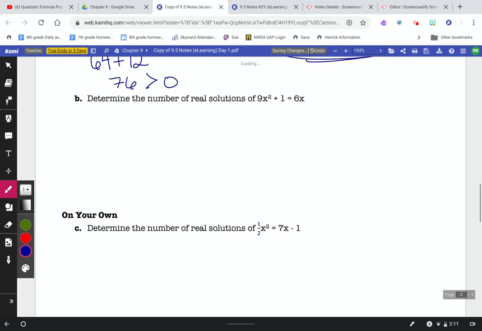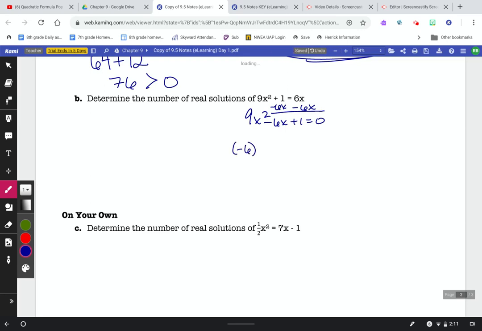For part B, before you use the discriminant, you must make sure it's equal to 0. So I should write 9x squared minus 6x plus 1 equals 0. And this tells us that our b is negative 6.